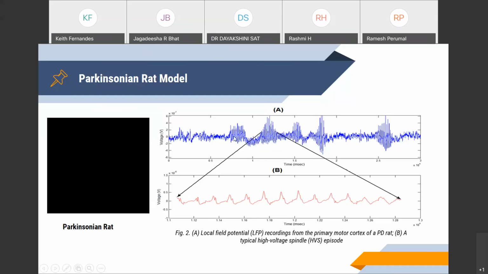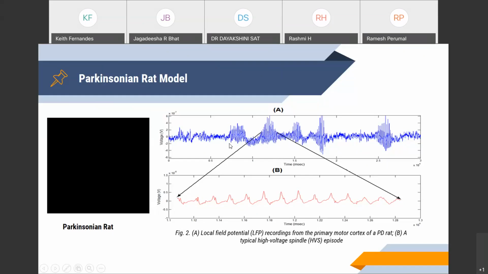One of the main characteristics of Parkinson's disease is hypokinesia, that is, difficulty in movements. These oscillations are associated with the movement deficit in Parkinsonian disease. It is reported in many research articles, especially in Parkinsonian rats.